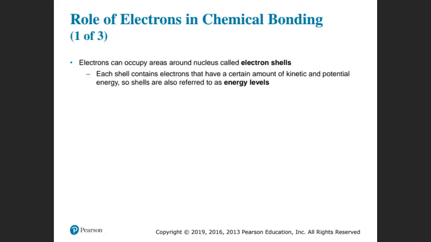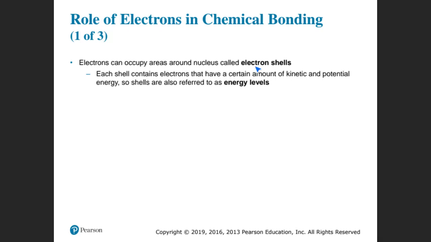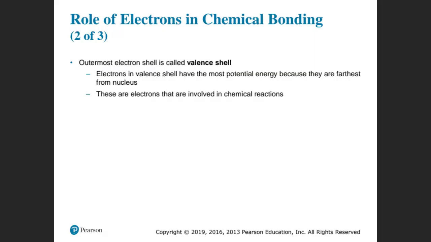As a reminder from earlier, and we're not going to go into specifics on the number of valence electrons or the maximum amount in each valence shell, in general, electrons are in electron shells. The outermost electron shell hopefully is maximally full. If it's not, then an atom would like to fill it up in some way, and that can lead to easier bond formation. We'll talk about which type of bond in just a minute. That outermost shell is called a valence shell.